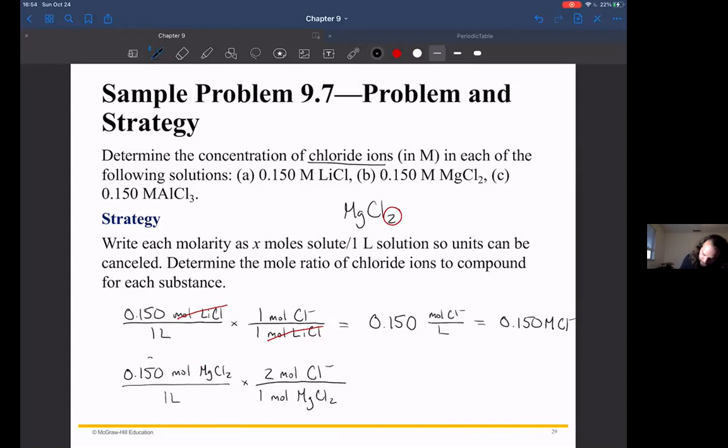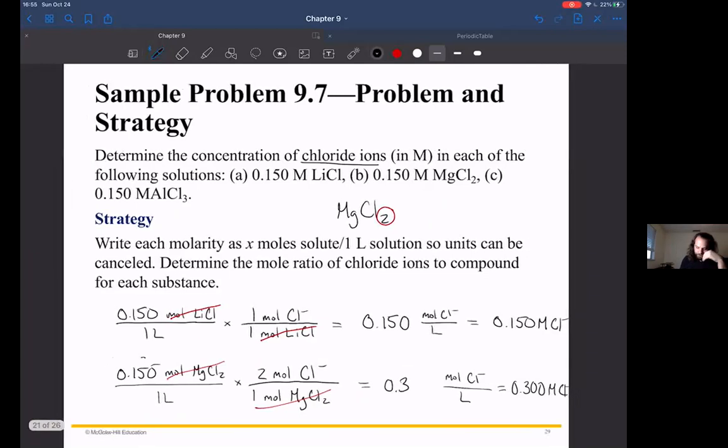So now punch this into my calculator and I get 0.3. Again, paying attention to units, moles of magnesium chloride cancel. So I'm left with moles of chloride over liters. And then I'm going to note that I should have 3 sig figs. So this is 0.300 molar chloride ions, Cl minus. Okay. I'm going to leave that third example to y'all.